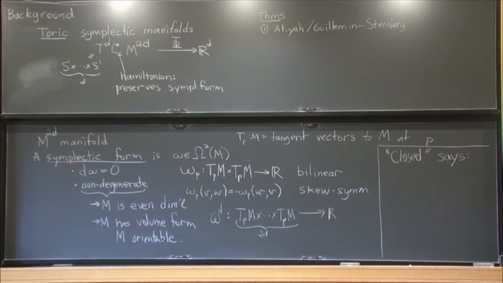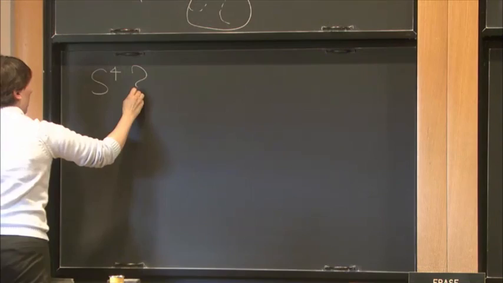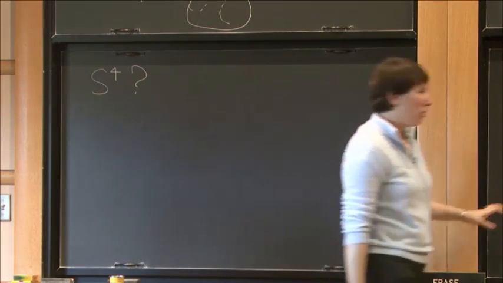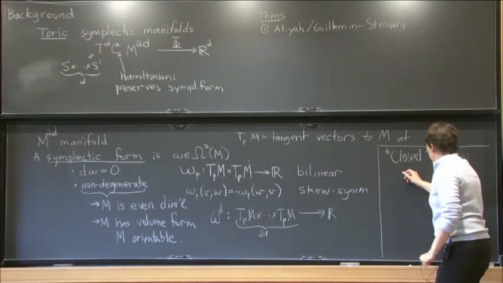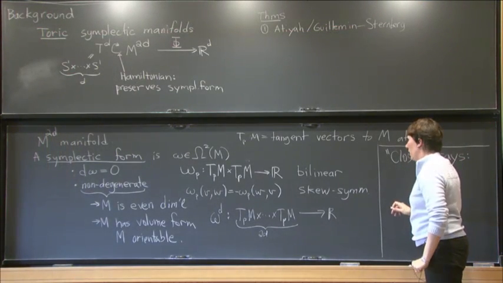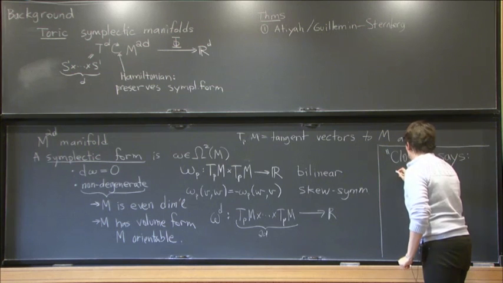That's right. So the good next question is, is S4 an example? What I was just going to say was that the fact that omega is closed means that powers of it are also closed.